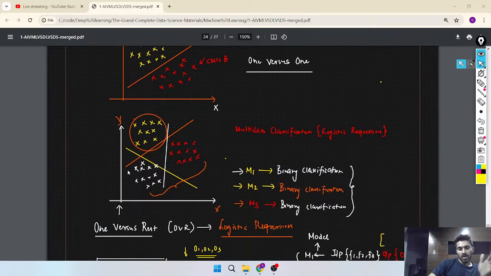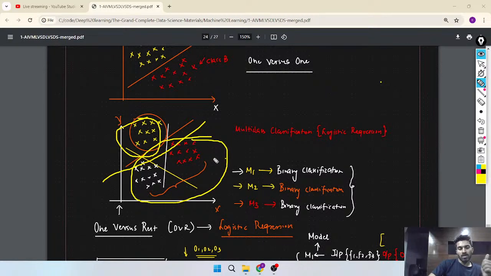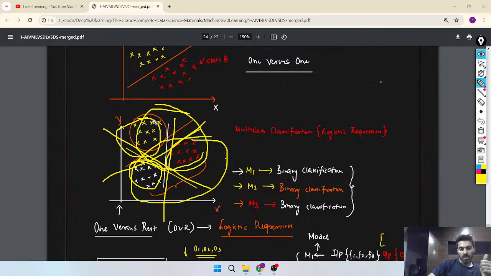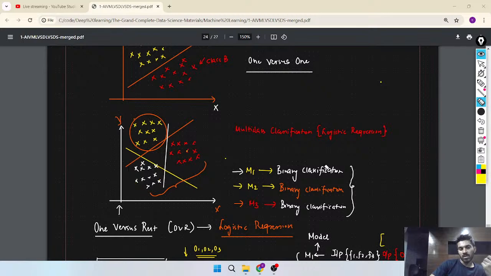Firstly we draw a line, and for this line, this comes into one category and all these points come into the second category. The next time we apply something like that, this comes into another category and all these points come into the second category. And the third time you apply, so this is one versus rest. Each time you take one and take the rest of the classes as another. The same way, if you are doing 4 or 5 classes, you can do it in the same manner.